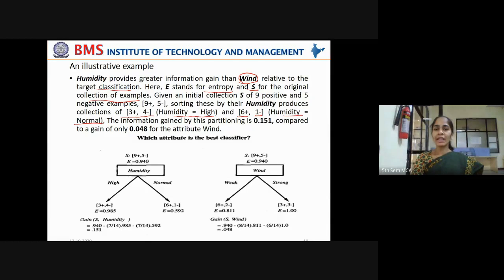Now the information gained by this partitioning is 0.151 compared to the information gain with wind, which is only 0.048. So which is the best classifier attribute? Humidity. That is how you need to understand.